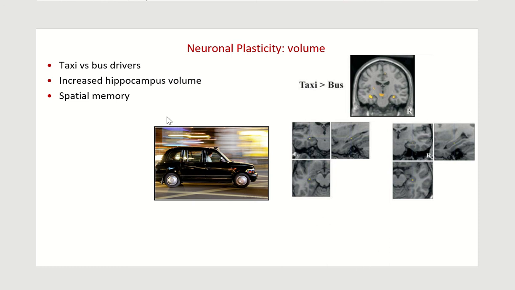So there was a study done of London taxi drivers versus London bus drivers. If you think about a bus driver, they drive the same route with the same stops every day. So you've got to learn the route, you've got to know where to stop, but you don't have to know a huge volume of stuff. London taxi drivers, on the other hand, have to know the entire city, every single block in every neighborhood.